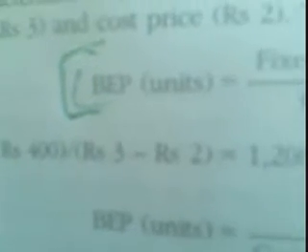So we have 800 plus 400 total cost upon 3 minus 2. 3 is the selling price, 2 is the cost. So we get 1. So 1200 upon 1 equals 1200 units. So the BEP units equal 1200.